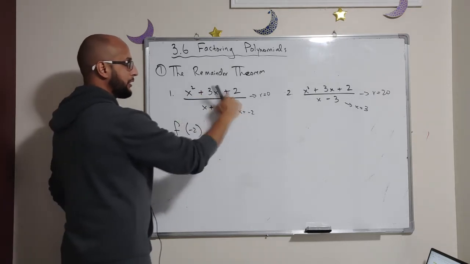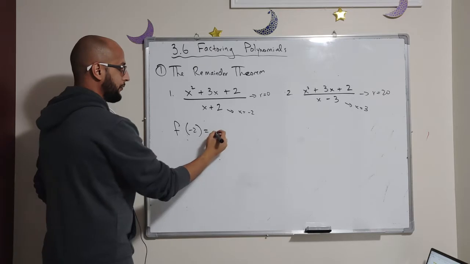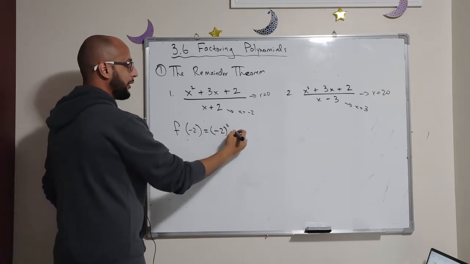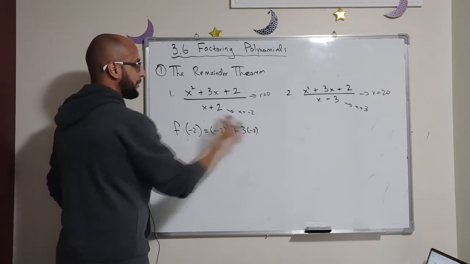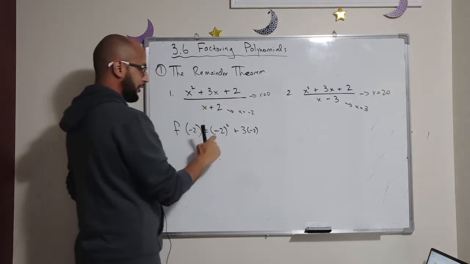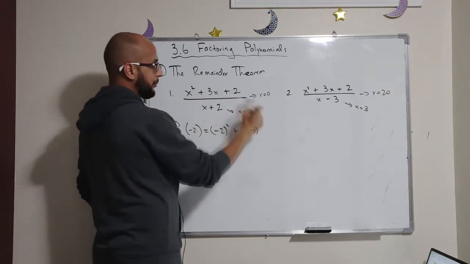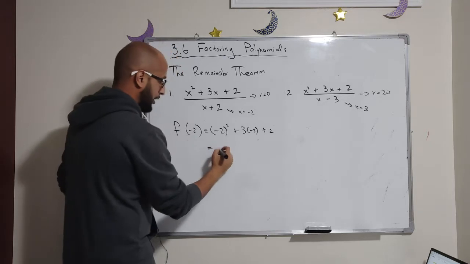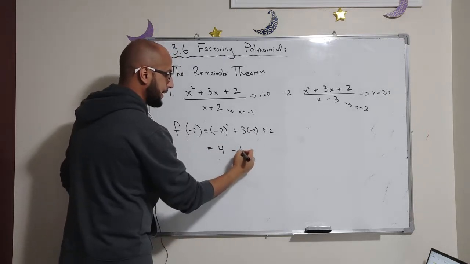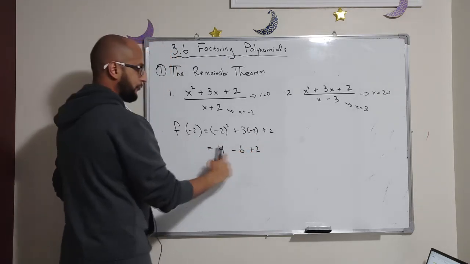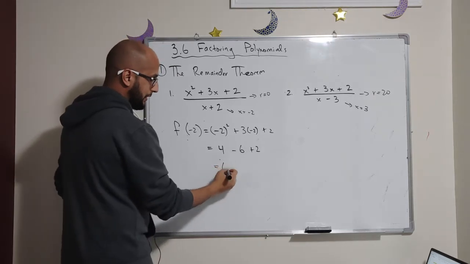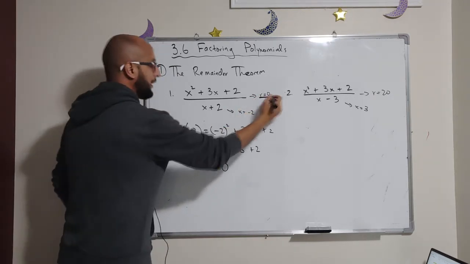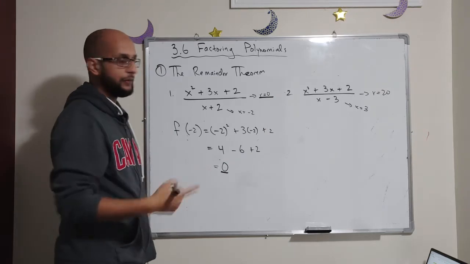Sorry, what's the y value for this equation when x is negative 2? I'll have negative 2 squared plus 3 times negative 2 plus 2. I'm just writing the same equation out. This becomes 4 minus 6 plus 2. 4 plus 2 is 6, minus 6 is 0. So the remainder is the same thing as the y value.